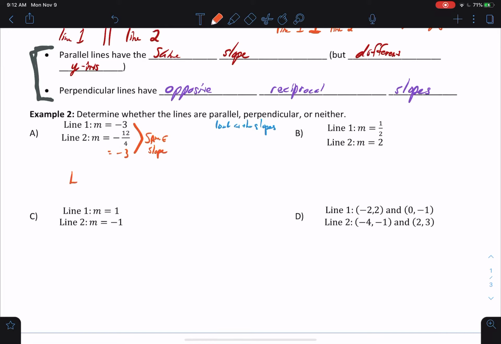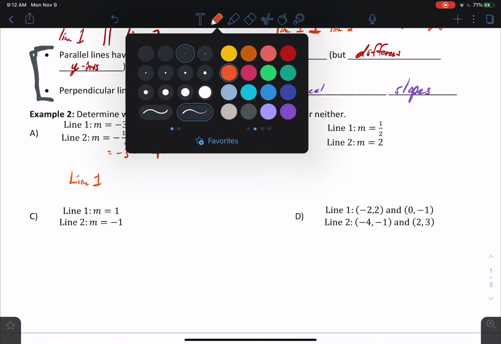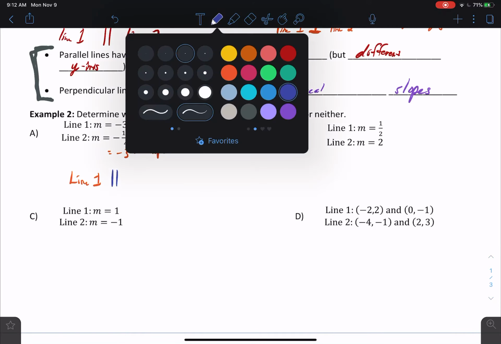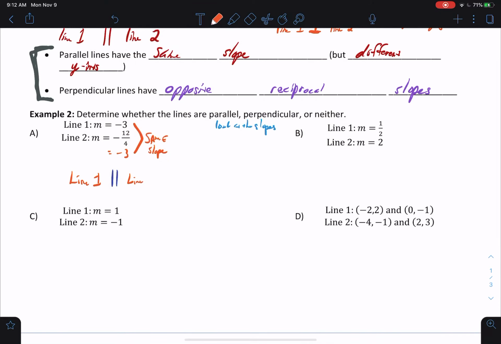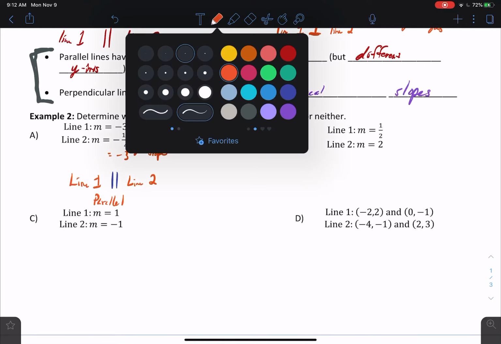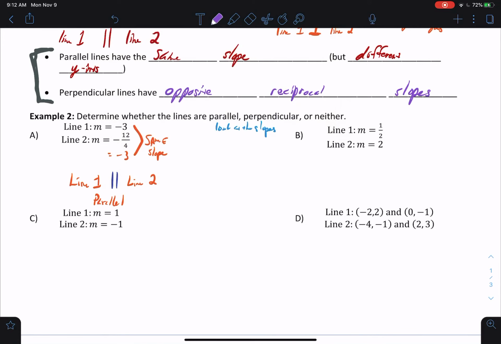So we could say that line 1 is parallel to line 2. Okay? So these are parallel.